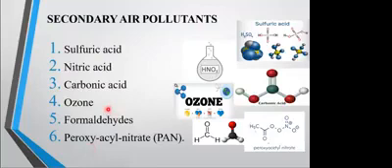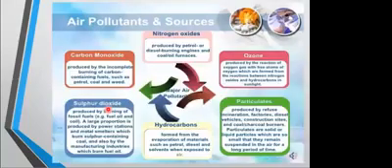So, okay. Let's move on to the air pollutants and sources. As you can see, these are the major contributing pollutants to the air. Carbon monoxide is produced by the incomplete burning of carbon-containing fuels such as petrol, coal, and wood.